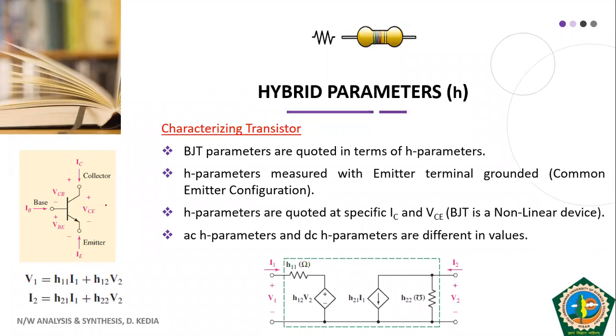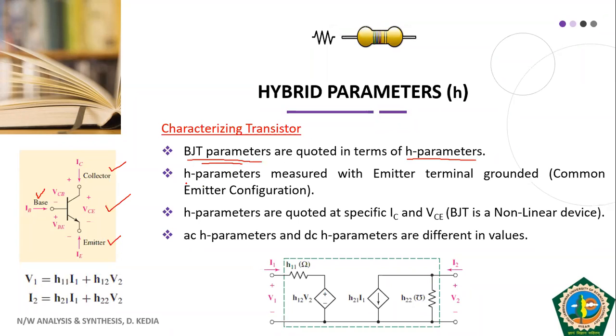So this is your transistor, which has three terminals: one is your base, another is your collector, and the third one is your emitter. Your BJT parameters, your transistor parameters, are generally quoted in terms of H parameters. We know that your transistor can be connected in different configurations.